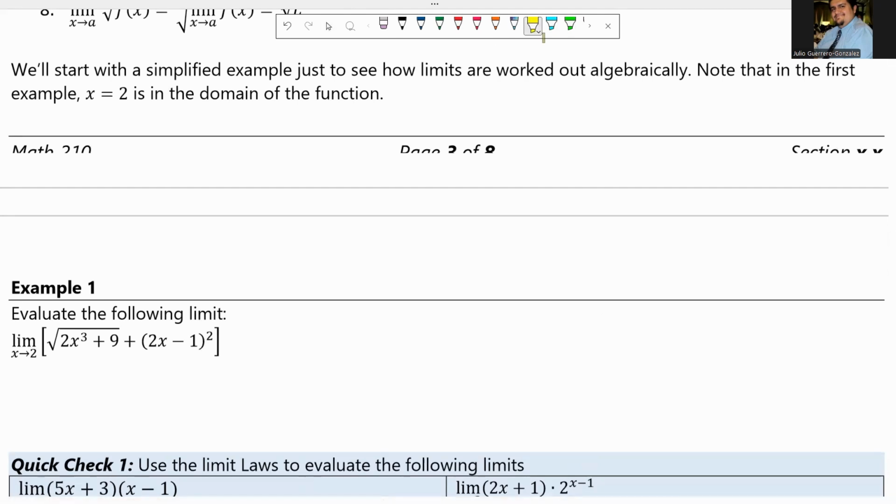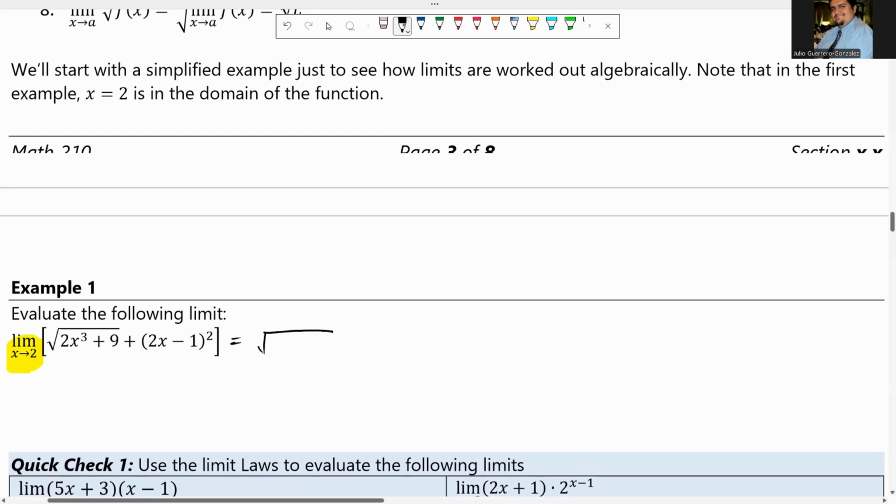So, for example, notice, you guys see that 2. I need to find the limit as x approaches 2 for this one. Is there a problem with me plugging in 2 straight away? Nope. I'm not dividing by 0, and it doesn't look like I'm going to be taking the square root of a negative anywhere. So I can just go ahead and throw it into the function and get a value.